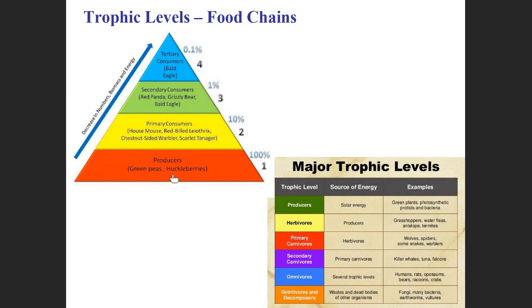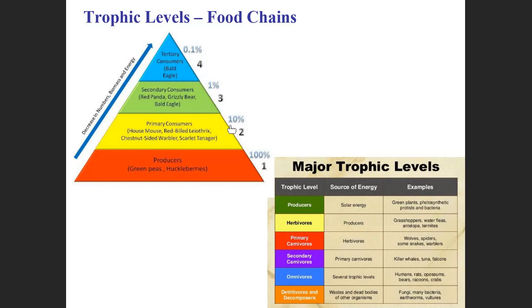And so what's important about this pyramid is that if you look here on the right side, what that's showing you is the percent of energy that came from the sun. So obviously the primary producers, since they're photosynthetic organisms, they derive 100% of their energy from the sun. The herbivore, the primary consumer that eats the producers, they get about 10% of their energy that ultimately came from the sun.